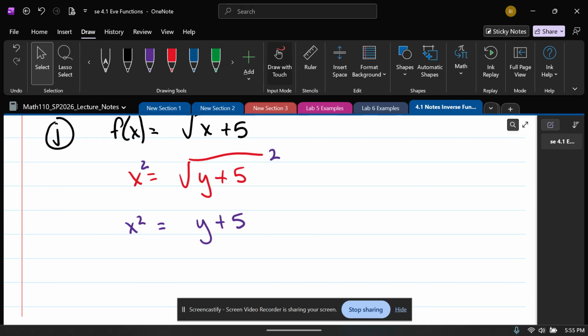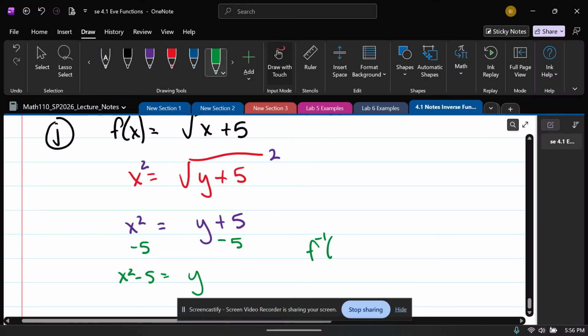One more step. Get the y by itself. Okay. Subtract the 5. You got x squared minus 5 is y, and it was f of x. So f inverse of x is x squared minus 5.